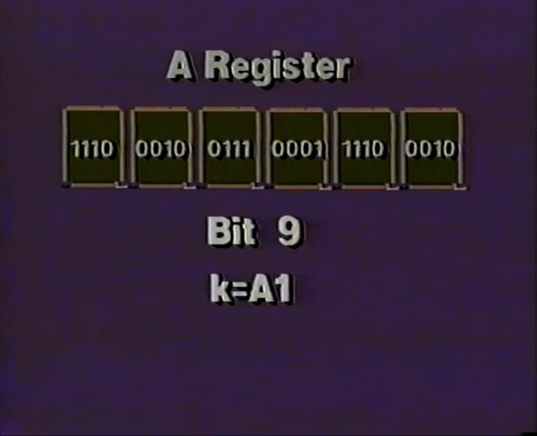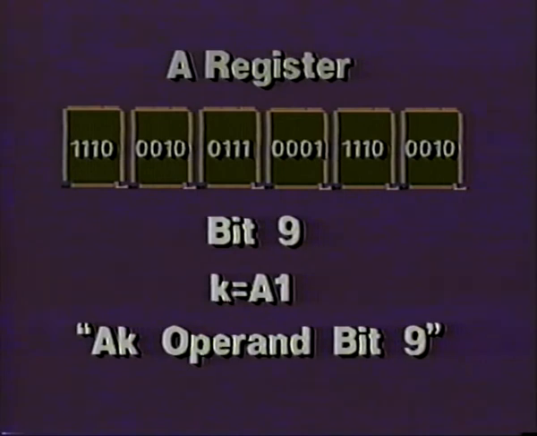Each 3AR module in the XMP holds 4 bits of each A register. We must find the module that has bit 9. Our instruction K field is A1. The description for bit 9 would be AK operand bit 9.